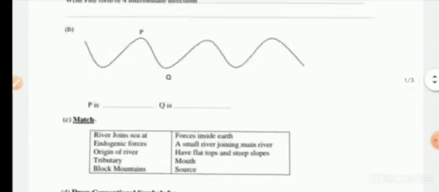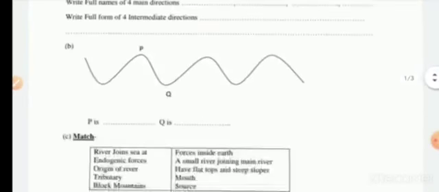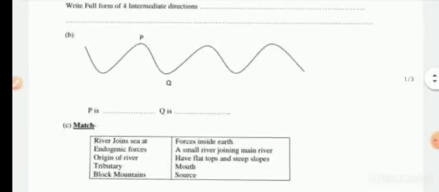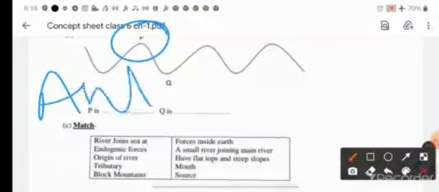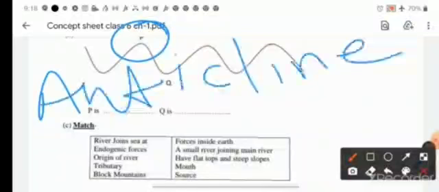and northwest. Now the second part B, here you can see, you read it in anticline mode and syncline mode. You read it in a diagram also. So in part B, the P represents anticline. Anticline is the elevation part of your mountain.